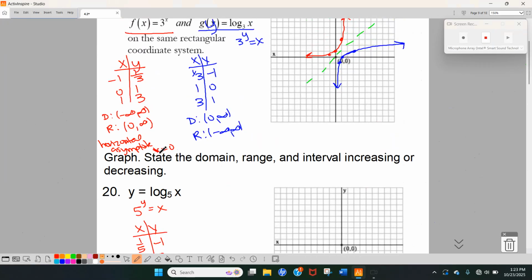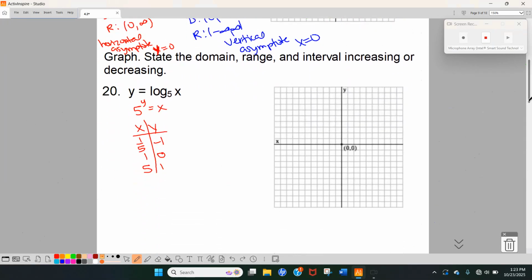It is the x-axis, but the line y equals 0. For a log function, you're going to have a vertical asymptote, which is the y-axis, but the equation x is equal to 0. All right, if you're asked about that in Math Excel, then there you go.